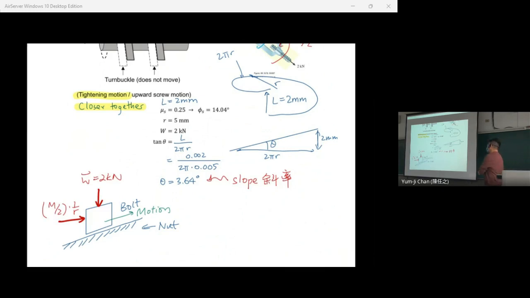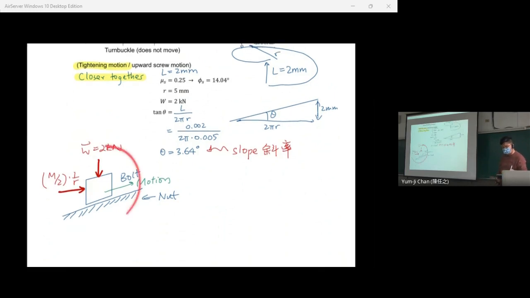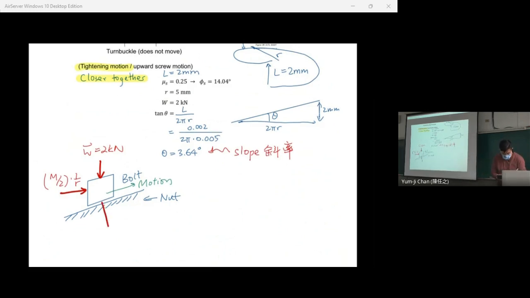Do we have other forces to put onto the free body diagram? Reaction and friction. Reaction goes like this, right? How about friction? Does it go to the left or to the right?